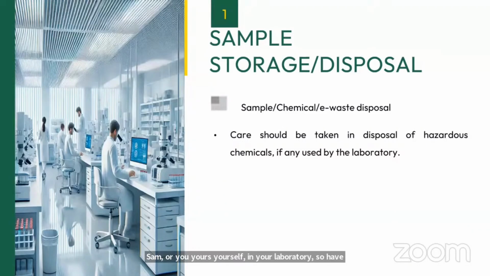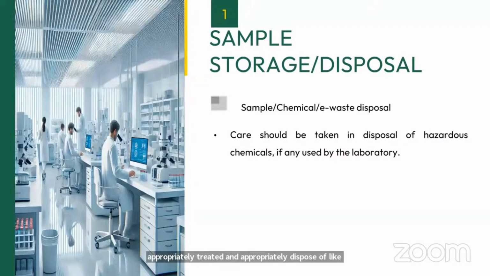Care should be taken in disposal of hazardous chemicals, if any, used by the laboratory. Now, for disposal of hazardous chemicals, we are using hypochlorite, we are using certain acids, alkalis, we are using formalin, xylene. So all those must be appropriately treated and appropriately disposed of. Like I think on the first day there was one question like how to discard this xylene and formalin.